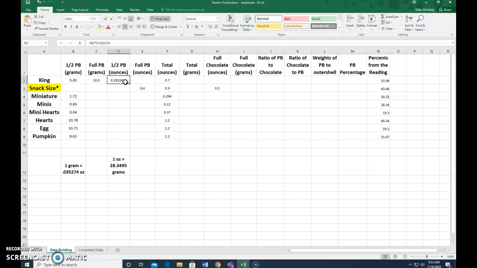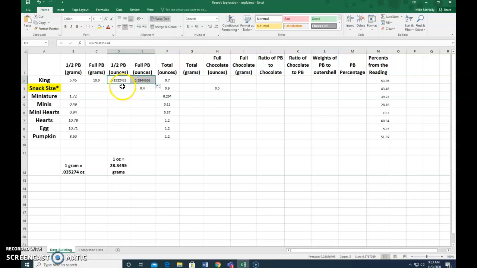Anytime you have formulas that are the same right next to each other, you can see that little green box there. I can put my cursor over it. It makes a little plus sign, and I can pull it over. Let's see if it works.